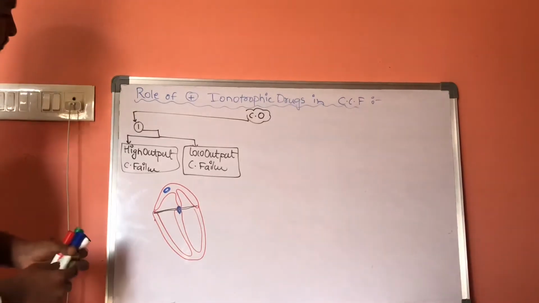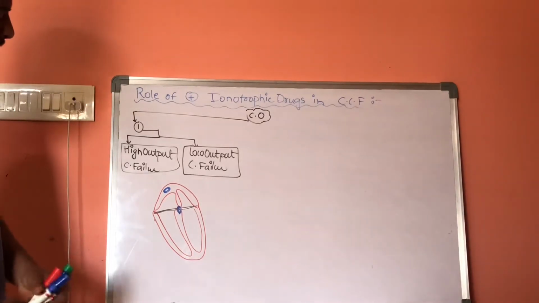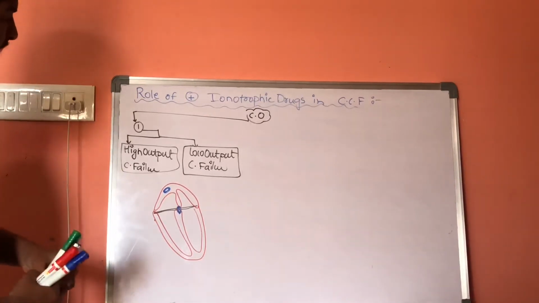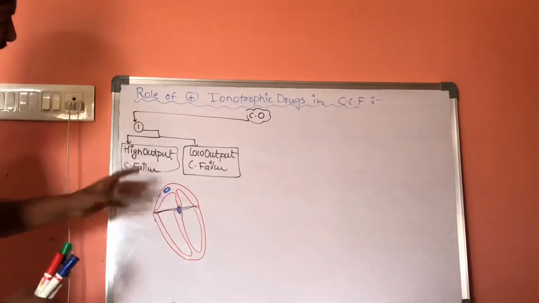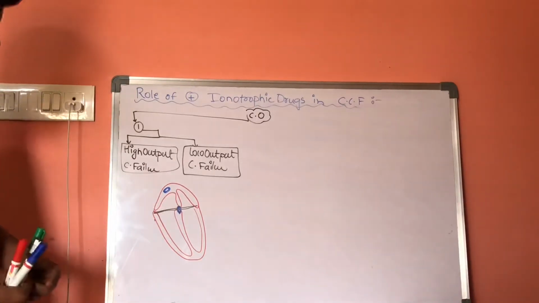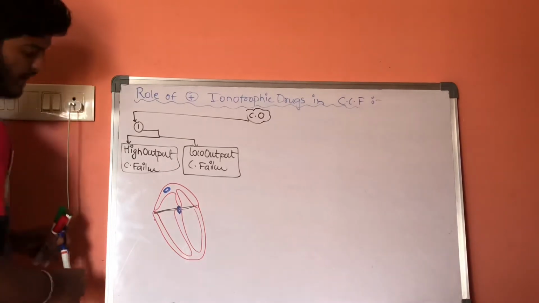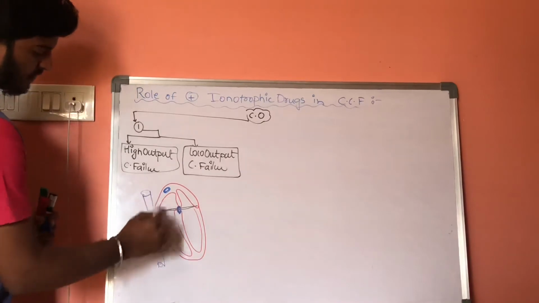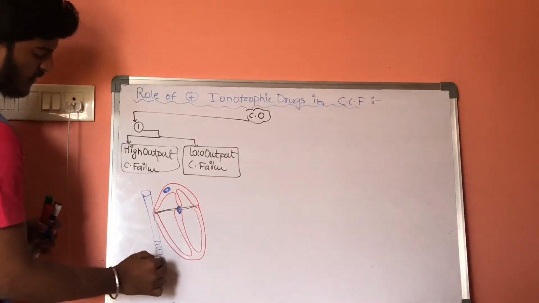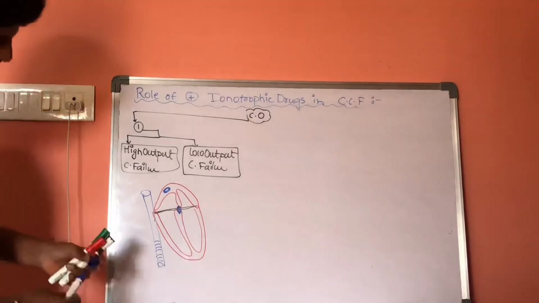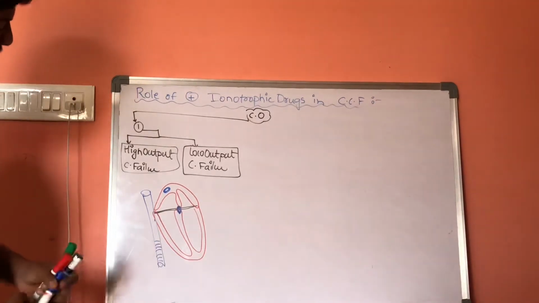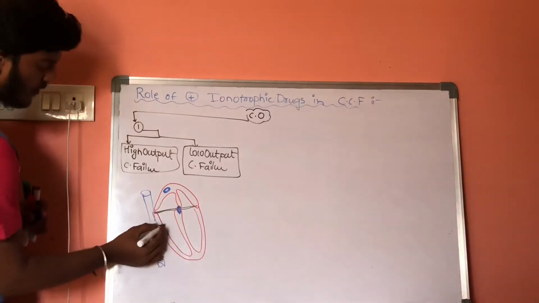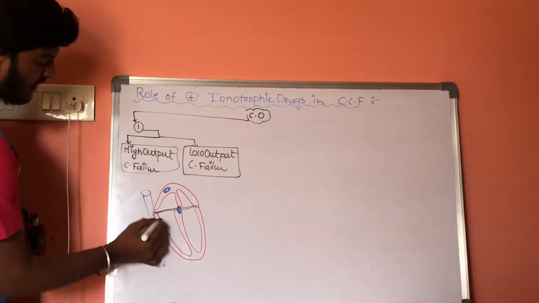If there is overstimulation of the vagus nerve, there will be vasoconstriction, and the venous return towards the right ventricle will get increased.